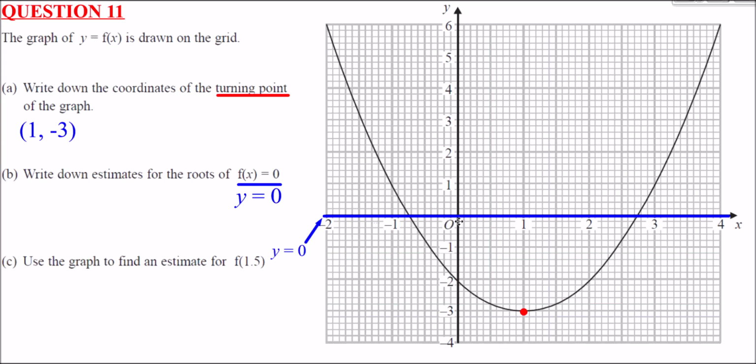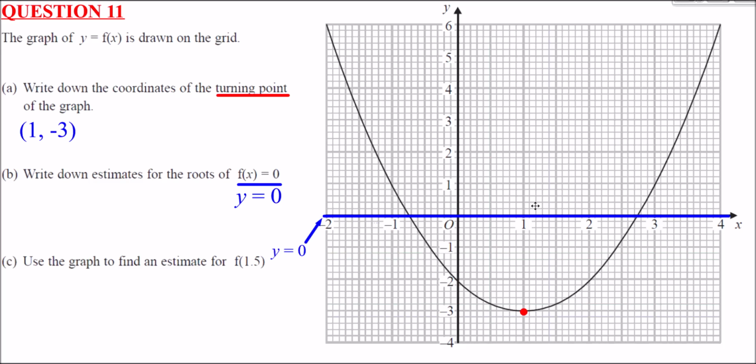So you can see here it crosses in between 0 and minus 1. That to me looks about minus 0.7, maybe slightly less than minus 0.7. We're going to be as accurate as we can. This one here, that's 2.5, 2.6, 2.7. That's about 2.75.